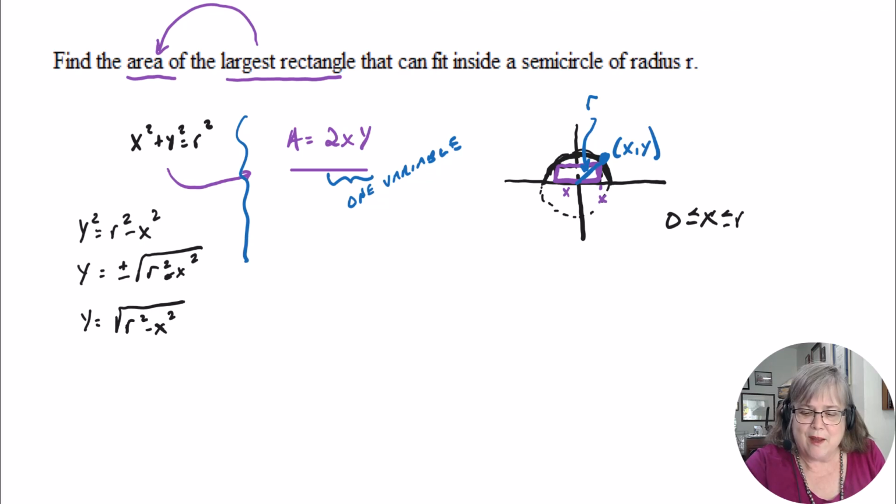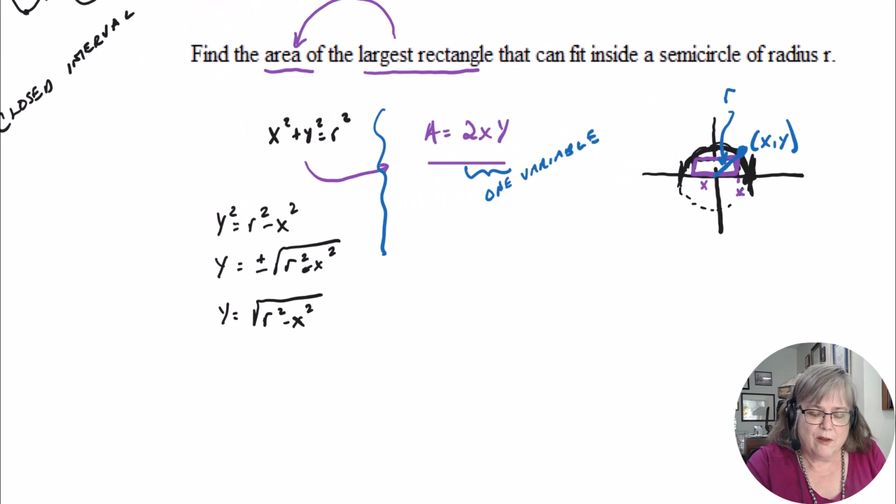If you made X extend out to R out here, you'd have a flat line. So you don't really want to be equal to R. That would just be like a flat line if you had it equal to 0, but this is closed, okay, because we are physically closed in here.